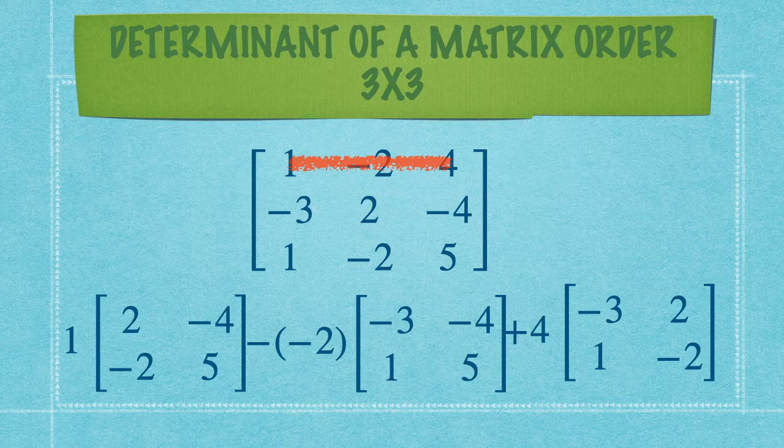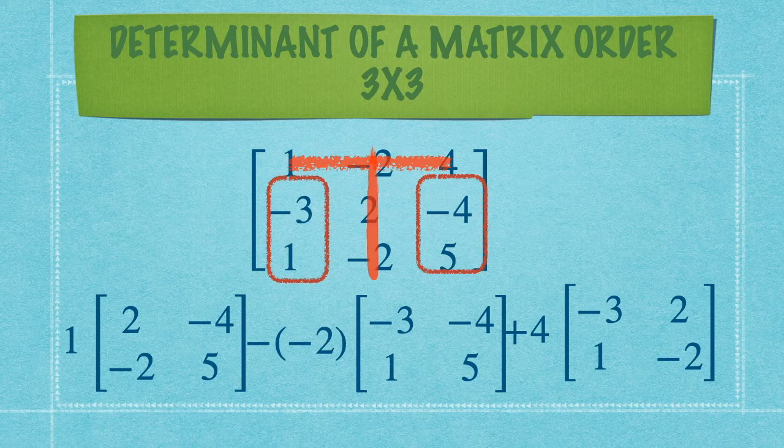Now we still eliminate the first row, but now the second column. So just as before, we have negative 3 and 1, and then negative 4 and 5. So we put these two columns together to create a 2 by 2 matrix. So again, we have to find the determinant of this 2 by 2 matrix, which you'll see later on.